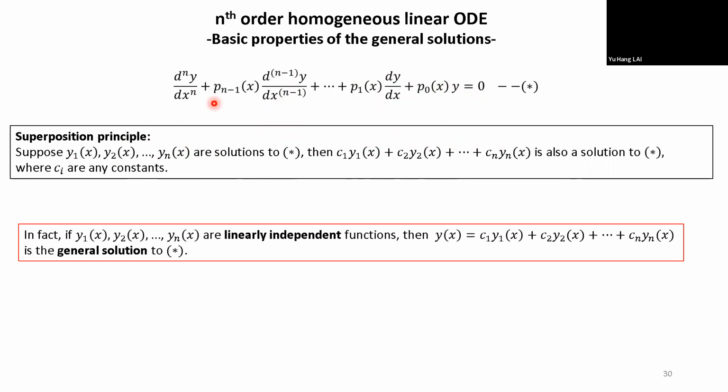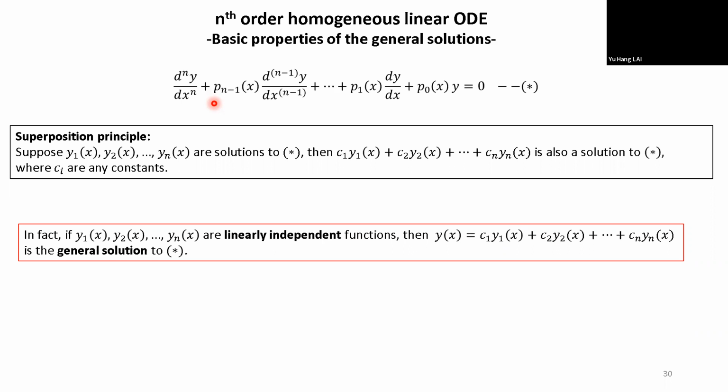Here I talk about the definition of linear independence for two functions. Basically, it is whether one is a scalar multiple of the other. Or you can use the Wronskian, but that's the basic thing.